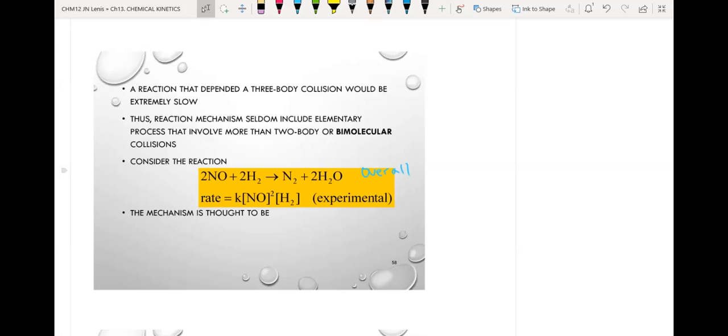From that experimental rate law, we can conclude that the reaction is second order with respect to concentration of NO, and the reaction is first order with respect to H2.